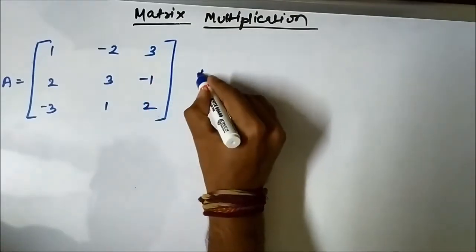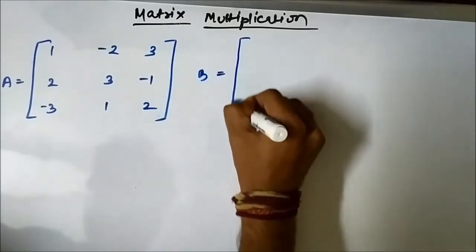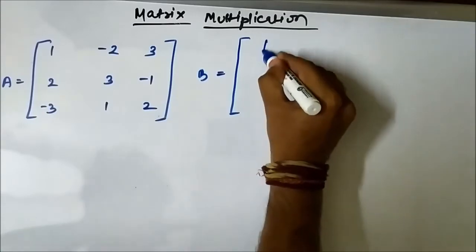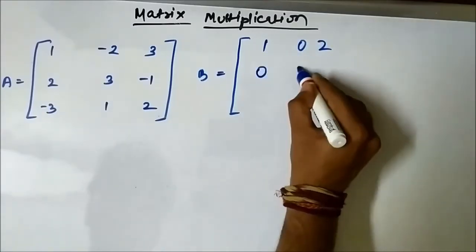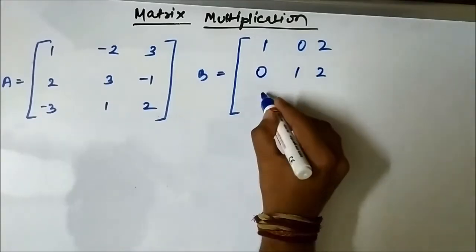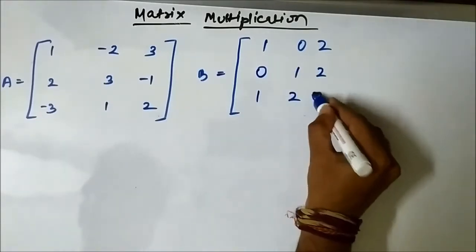And we have another matrix B as 1, 0, 2; 0, 1, 2; 1, 2, 0.